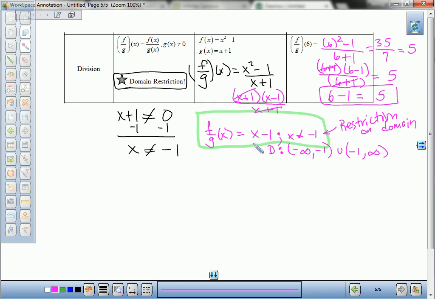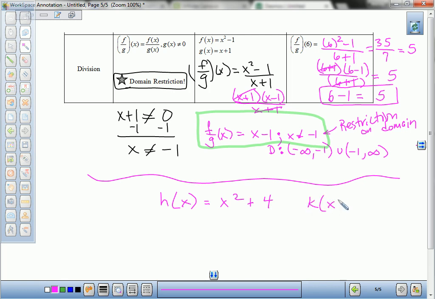Now, many times when we write the quotient, it will not simplify. So what if h of x was x squared plus 4 and k of x was x minus 2? Well, you might want to factor x squared plus 4, but a sum of squares doesn't factor.